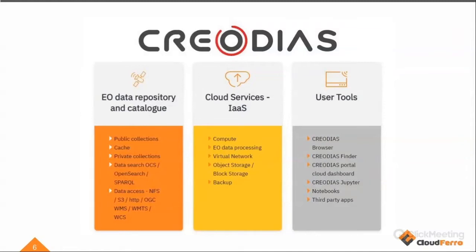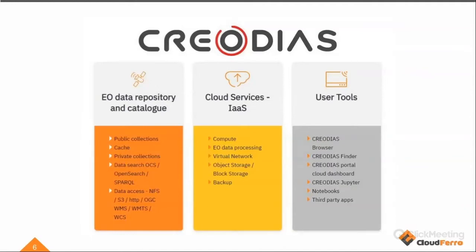And then cloud services, infrastructure as a service. Getting access to the datasets, you're getting also cloud services. So you can process your datasets, perform different analyses, and not only on the datasets from our repository, but also on your own datasets. There are virtual networks, so connections between different elements of infrastructure.